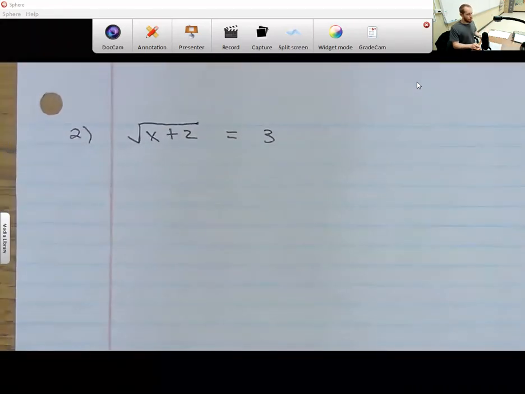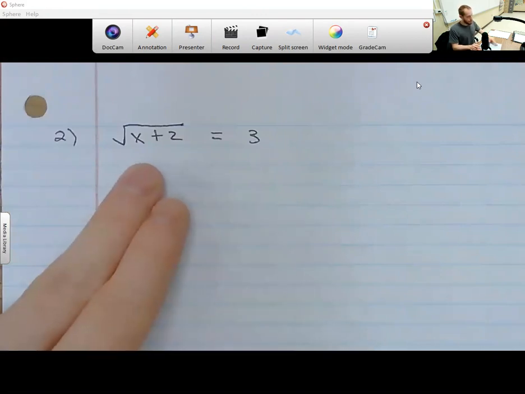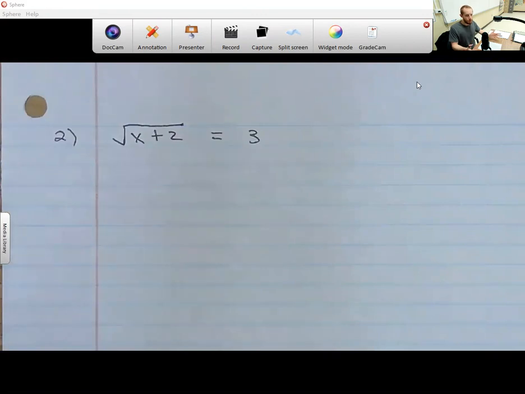This is one where I want to solve for x, right? I want to figure out what number x has to be to make this whole thing work. Now, I've got a square root on this side, and I want to get rid of that square root somehow. The way I'm going to get rid of the square root is by doing the opposite of a square root. I'm going to square both sides.